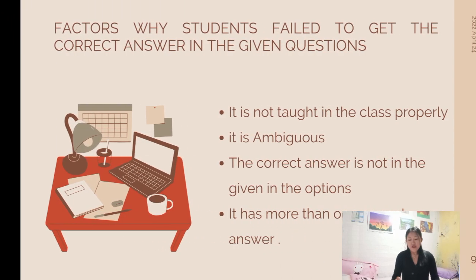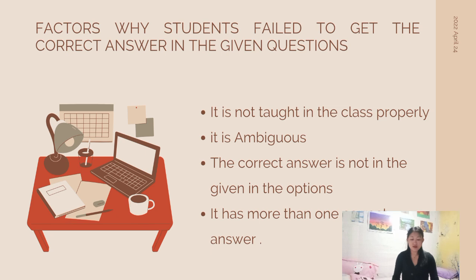Next, the factors why students fail to get the correct answer in the given questions. There are a lot of factors. First, it is not taught in the class properly.